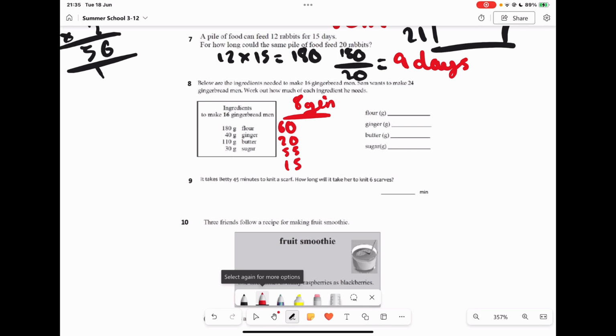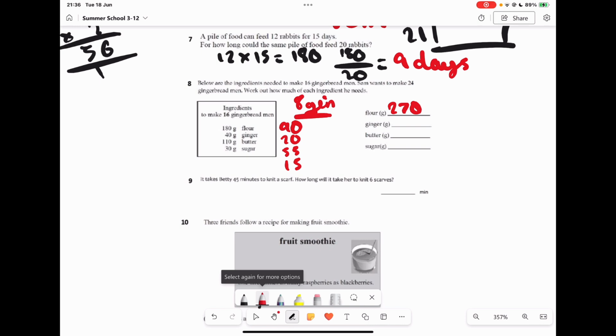So now we have to multiply by 3. When multiplying by 3, 90 multiplied by 3 will be 270 grams of flour.